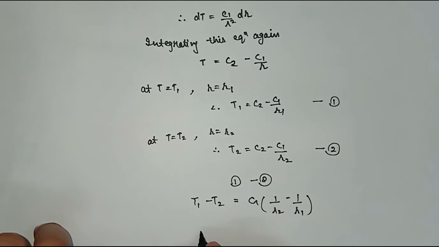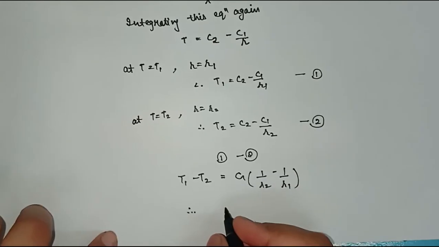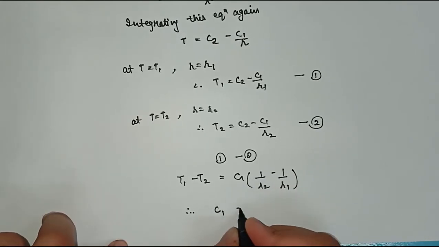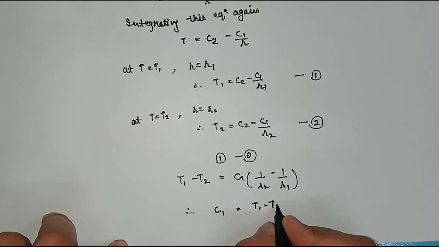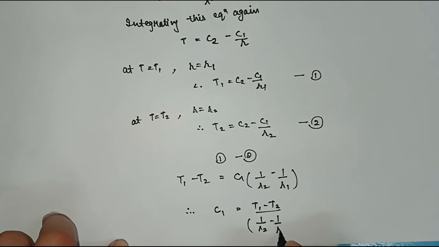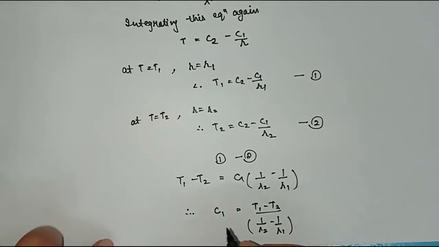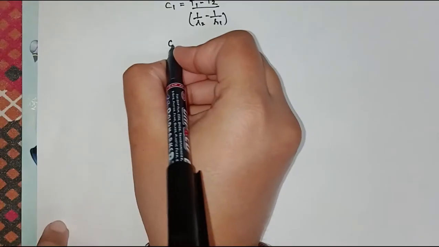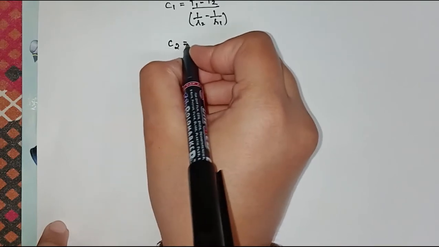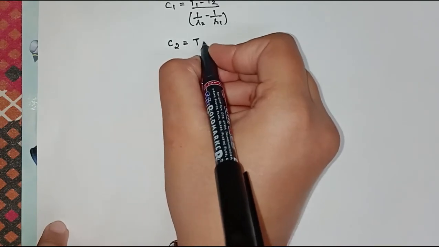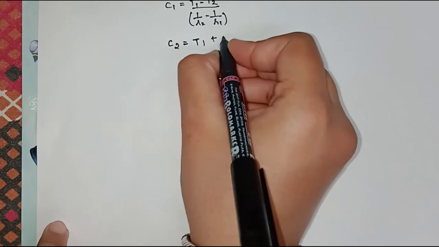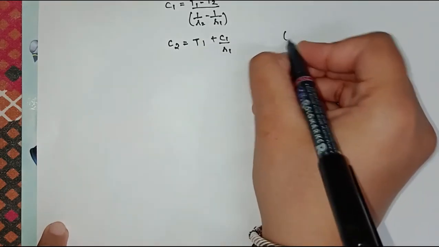From this we can get the value of C1, which is equals to T1 minus T2 divided by 1 upon R2 minus 1 upon R1. From equation 1, C2 is equals to T1 plus C1 upon R1.